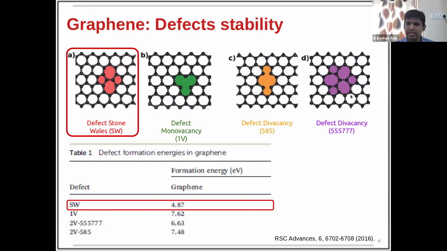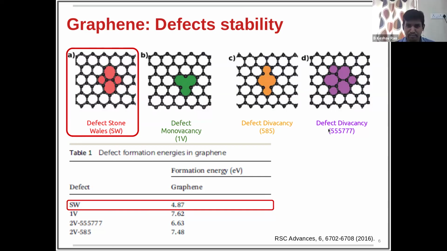Heptagon means 7 sides: 1, 2, 3, 4, 5, 6, 7, and the pentagon means this shape. When optimized, the Stone-Wall defect shows greater stability than the rest, with a formation energy of around 4.87. So it shows high stability compared to the single, double, and more than two pairs.